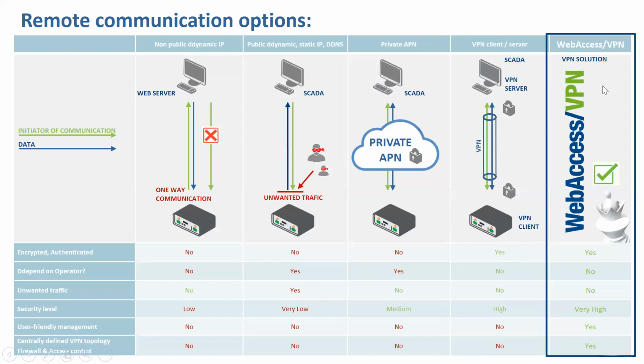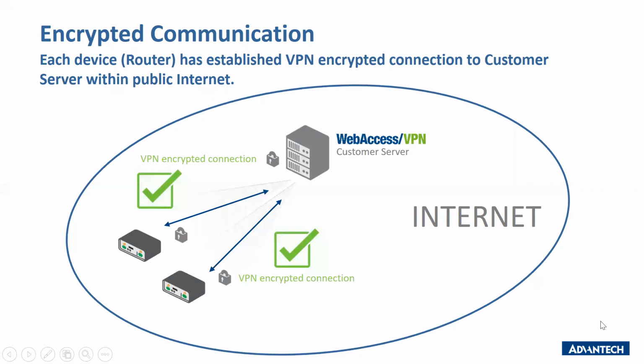So with Web Access VPN, all the data is encrypted and authenticated. It's independent of the carriers. You don't have exposure to unwanted traffic, very high security, very user-friendly, and the centrally defined topology makes it super secure and easy to use, okay?